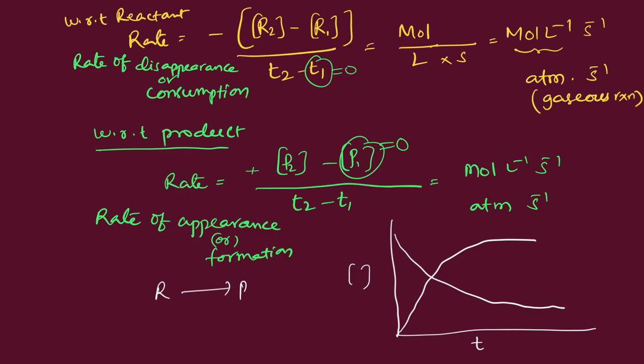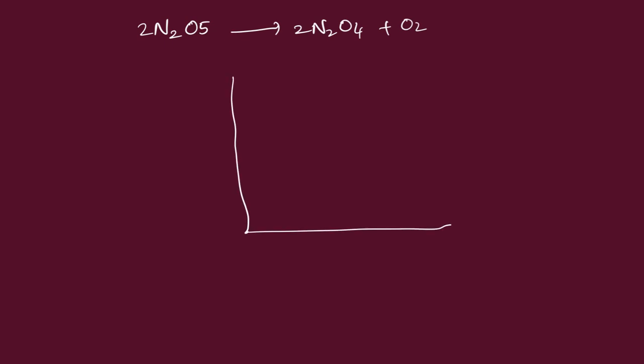Here concentration increases and time increases. In case I take this example, N2O5, 2 mole, gives rise to 2N2O4 plus O2. This can be explained as concentration versus time.